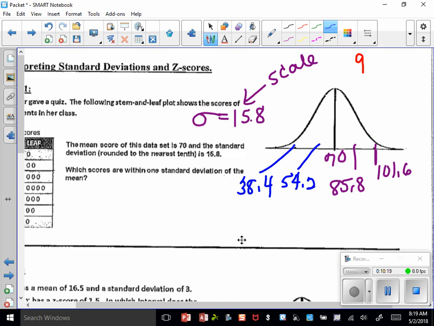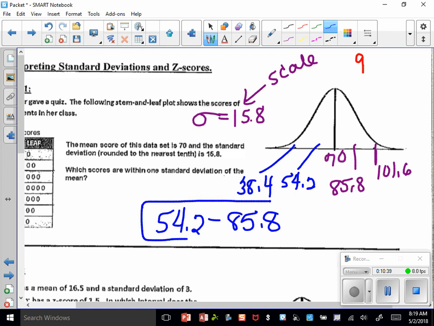Just don't go only to the right. So you need to find out how many scores fall within. So what's our range? 54.2 to what? 85.8. That is within one standard deviation.